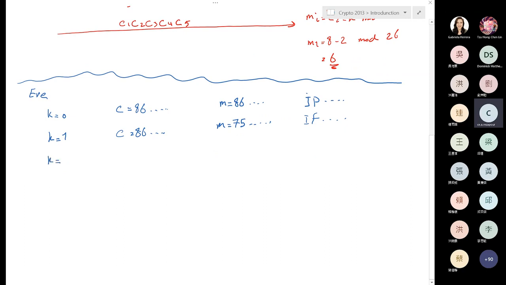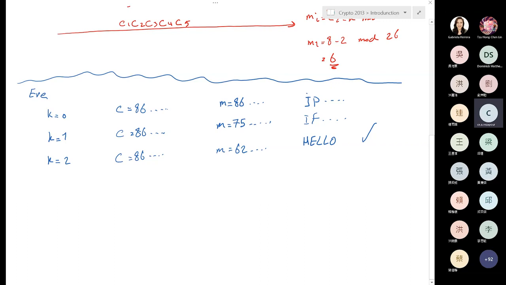Then he would continue his search and set the key to be 2. The ciphertext is again the same. Then he would recover some message such as 6, 2, and so on and so forth. And after doing the mapping, he would recover the message to be hello, right? And then he would just stop here.